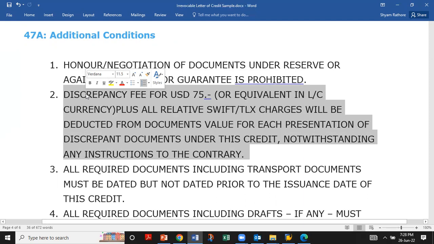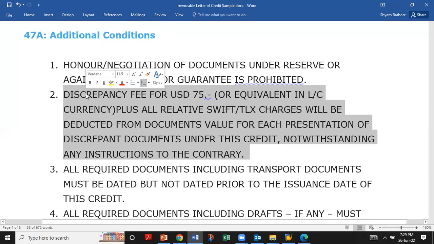then they will charge $75 as a discrepancy fee, or the equivalent in the LC currency. Whichever currency is mentioned in the LC will be charged.